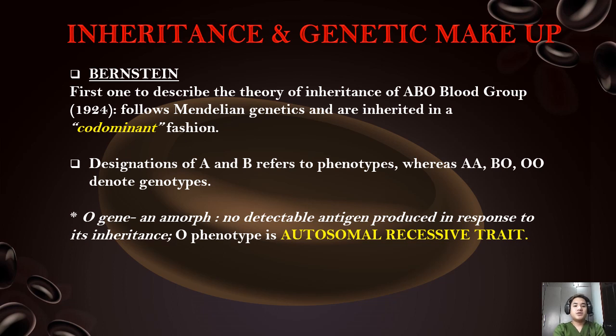However, your O gene here, as you can see on this present slide, as opposed to your other genes that were previously discussed, is an amorphic gene or a silent gene, meaning to say inheritance of two O genes that are non-functional or unexpressed, which also means that it does not have the capability to produce any detectable products. That is exactly why the blood group O phenotype, or blood type O, is an autosomal recessive trait.